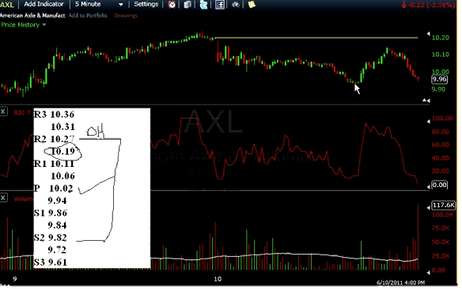Let me point it out on the 5-minute over here, where it looks like we might have some support going on this puppy. This one's going sideways right in through here.